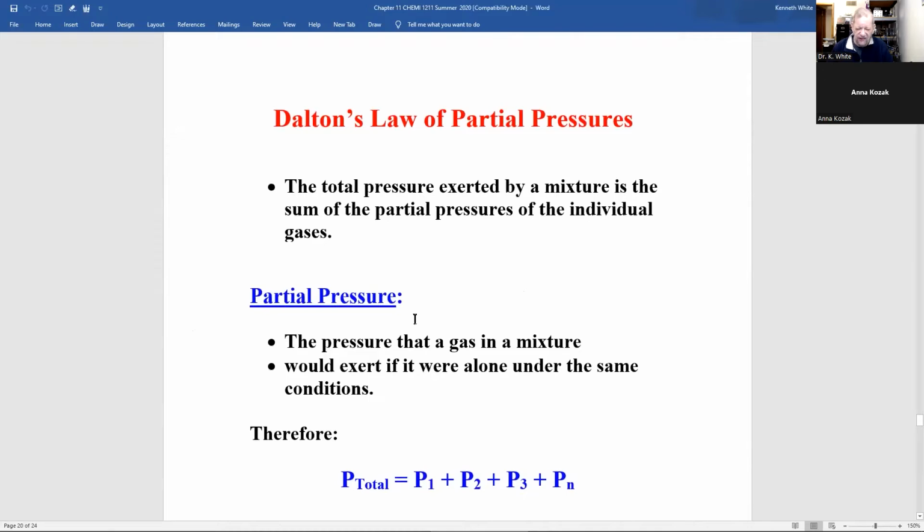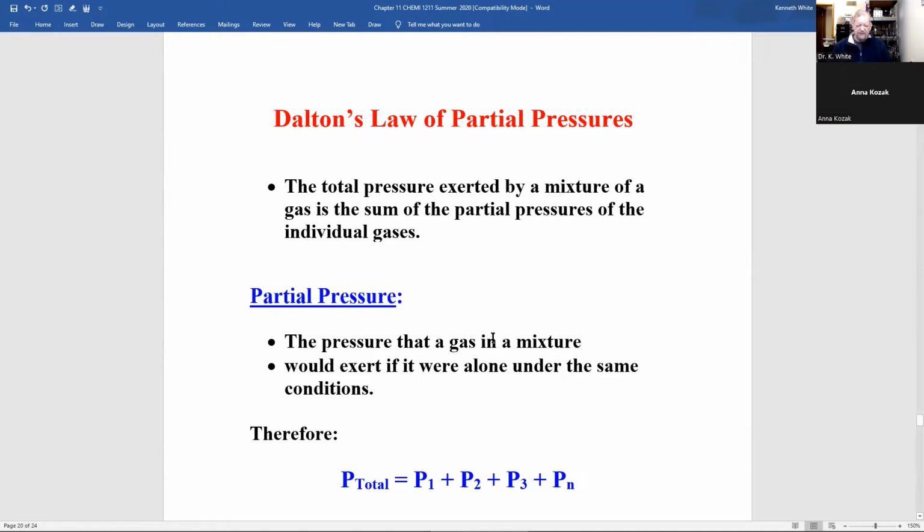And yesterday, I talked about Dalton's law of partial pressures. The total pressure exerted by a mixture of a gas is the sum of the partial pressures of a gas.